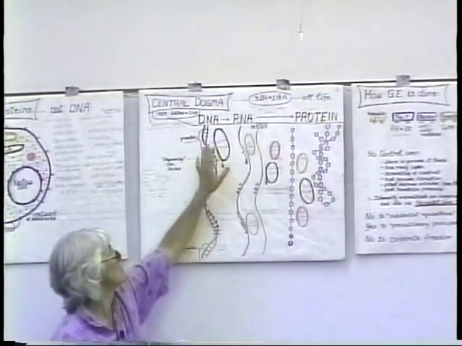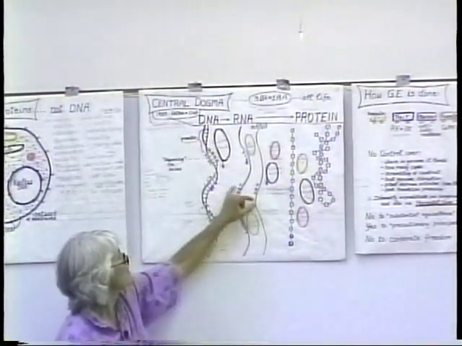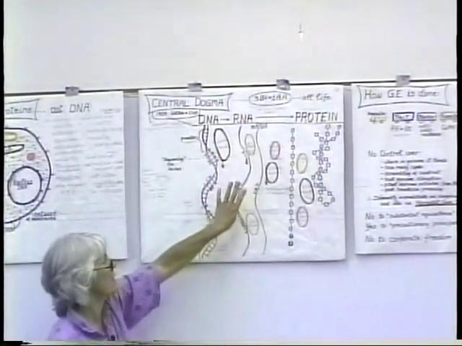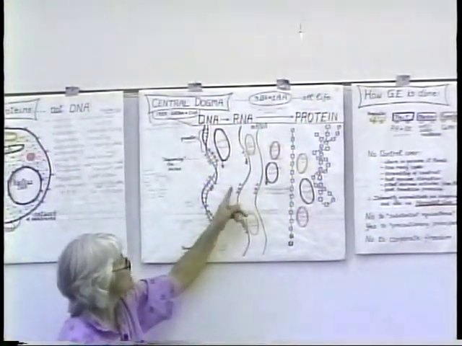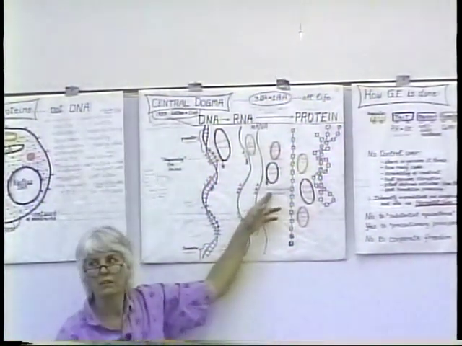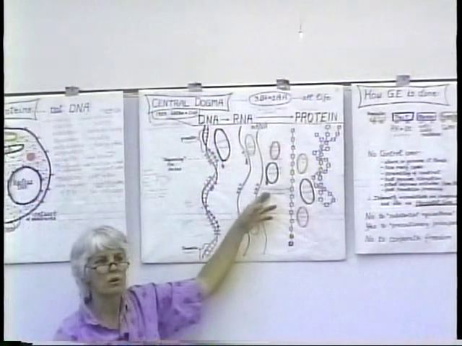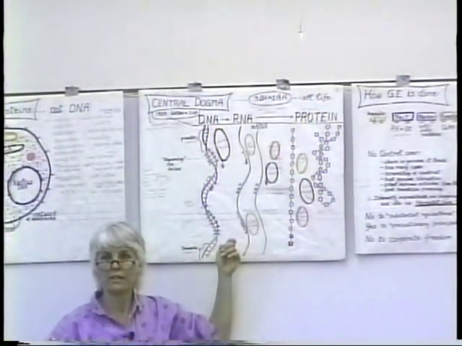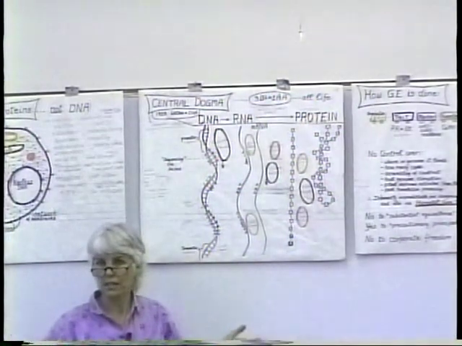RNA is a little different strand, but the T changes to U, and you still have 4 bases in RNA. UGG, in that order, codes for tryptophan, one of the amino acids. So now we know the 3-letter code for all the 20 amino acids.